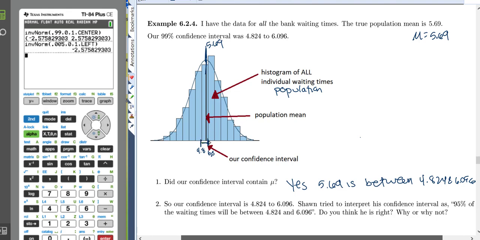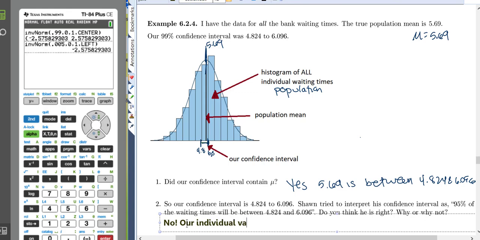No. The actual values have a much wider spread than our confidence interval. So our confidence interval is always smaller than our actual individual values. Our individual values in the population will always be much more spread out than the confidence interval.